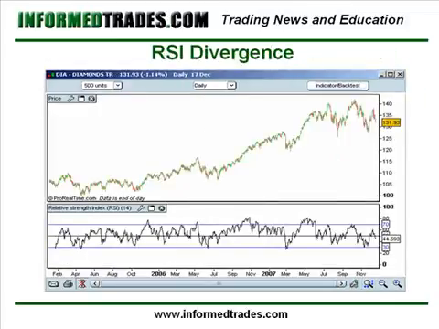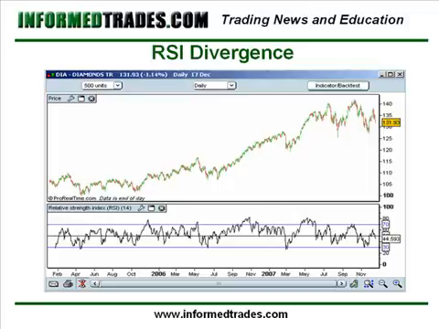The second way that traders use the RSI in their trading is what's known as RSI divergence, and this is similar to what we learned about with the MACD divergence. If the indicator, the RSI, is trending in the opposite direction to the price action of the financial instrument that you're analyzing, this tells you that momentum is waning, and therefore that particular financial instrument may be due for a reversal.